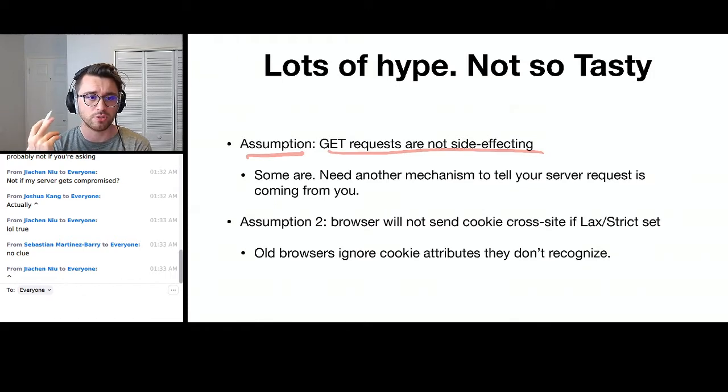That means there's no CSRF attack to worry about because GET requests don't do that. Well, okay, that assumes that every single web server on the planet doesn't look at a GET request and perform side effects. The reality is they do, right? Unsubscribe links are one example of this, but you can find many others.